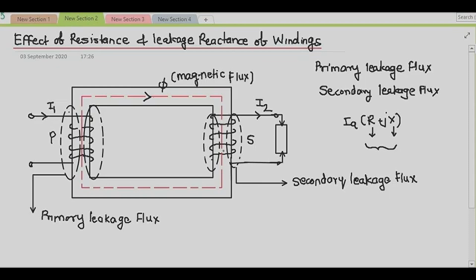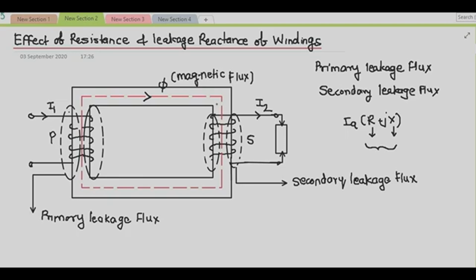So how to minimize the leakage reactance? We place the windings on both limbs of the core, half on each limb, and also subdivide or interleave the different sections of the windings. In this way, we take into account the effect of the losses as well as the resistance and leakage reactance of the windings.